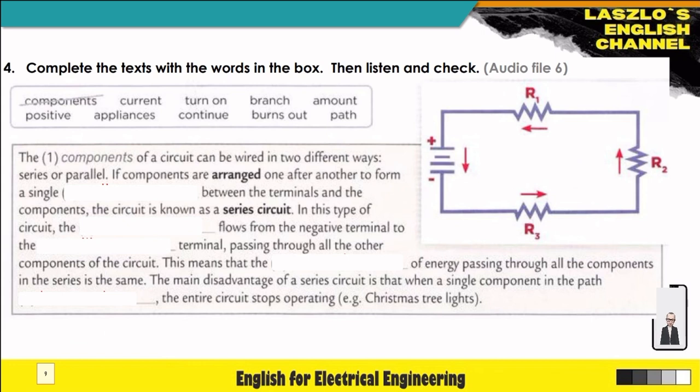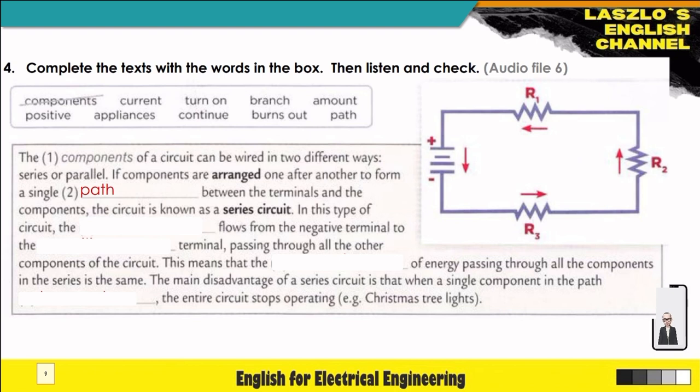If components are arranged one after another, so that's the keyword, one after another, to form a single path between the terminals and the components, the circuit is known as a series circuit. With a series circuit, there's only one path, a single path. So number 2 here is path.